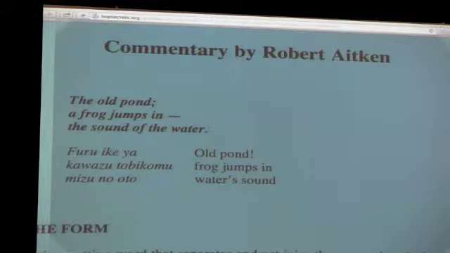I will post the commentary, and you can see the context, how the commentator talks about how another one of Basho's poems, which he wrote 6 years earlier than this, is less mature, where the focus on the season is more direct. It's not as subtle. So this one is very subtle.